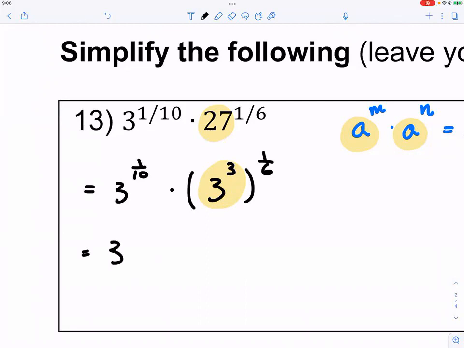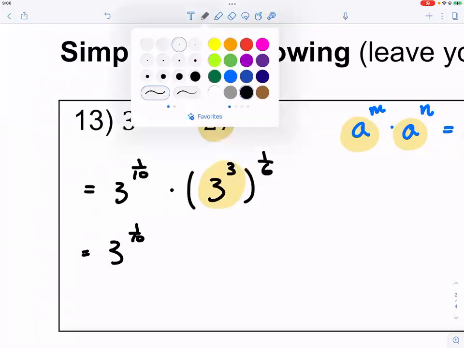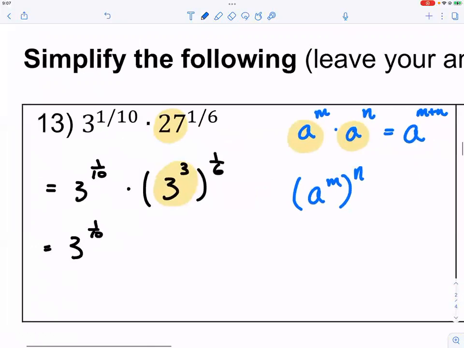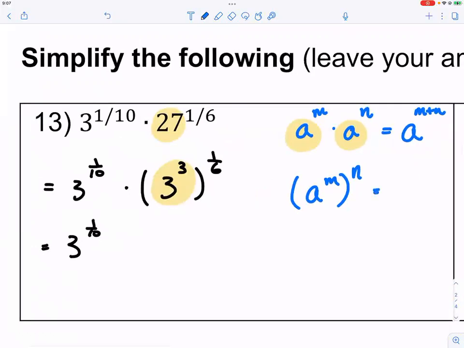And then, another property we went over is, what happens to these two exponents? Well, maybe you want to write it down here. What is a to the m and the nth power on the outside?